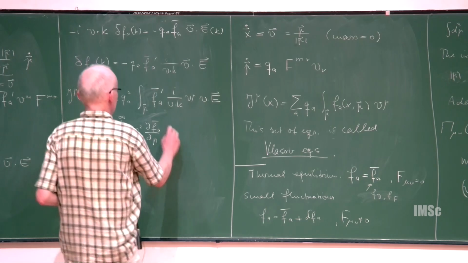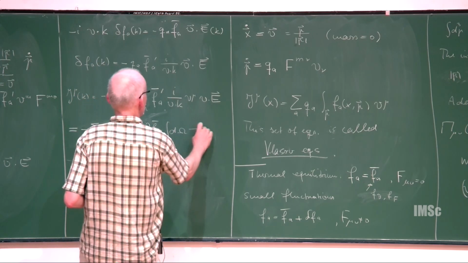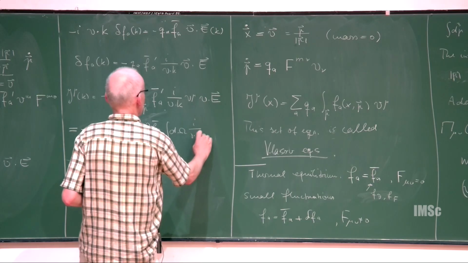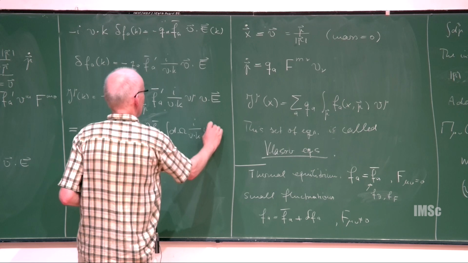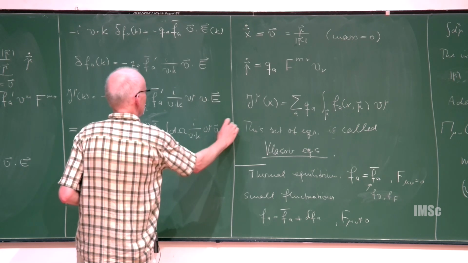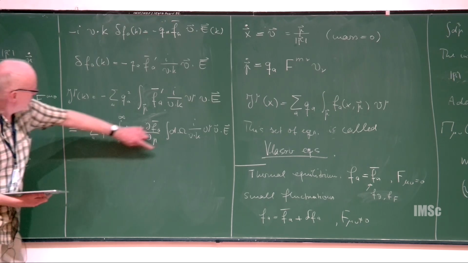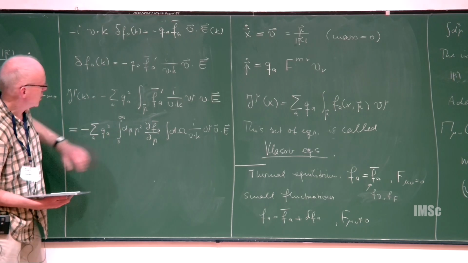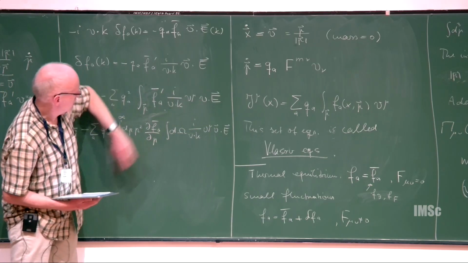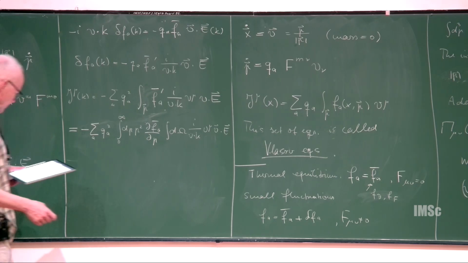And then I have the integral over the solid angle of the rest, i over v dot k times v mu v dot E. This is one integral, which I can do because I know the equilibrium distribution, and what is left is the integral over the direction of p.